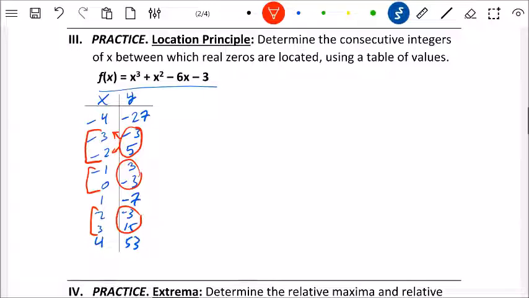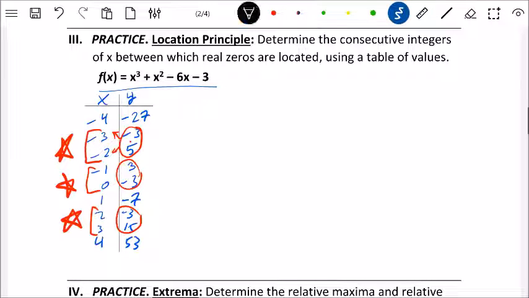So that's enough to determine, I'll put stars over here by those, that these are where the real zeros are between. Because it changed sign here, that zero has to be between negative 3 and negative 2. It might actually be at one of them, but most probably it's between them for this.